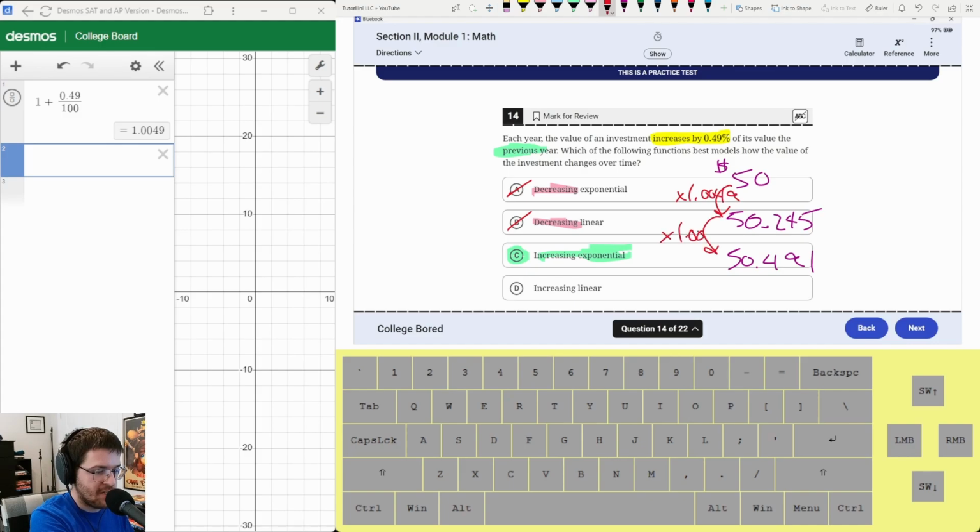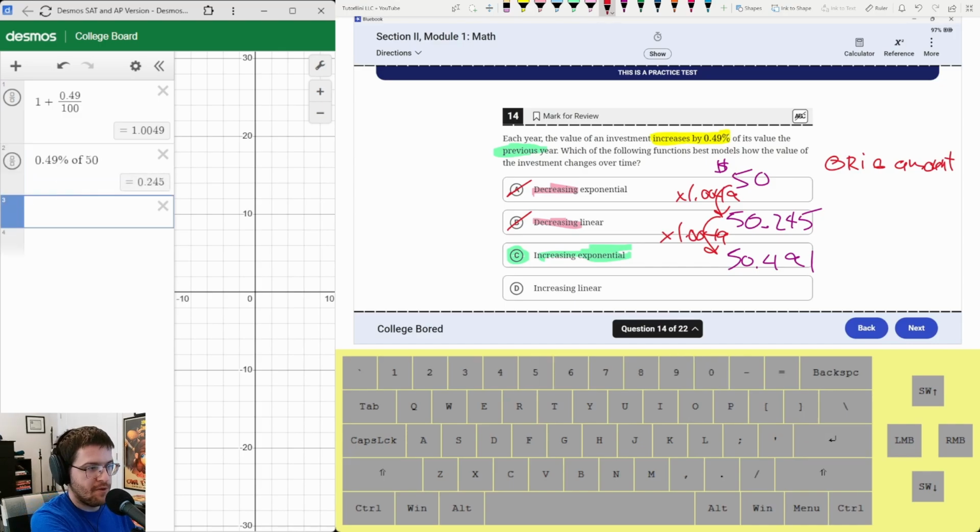What they'll tend to say is, guys, this is really important, if they say of the original amount, then that's linear, because the original amount isn't changing. The previous amount is changing, but the original amount isn't changing. So if I did 0.49% of, let's say, 50, for example, that would be 0.245. So we would just be adding 0.245 each time.